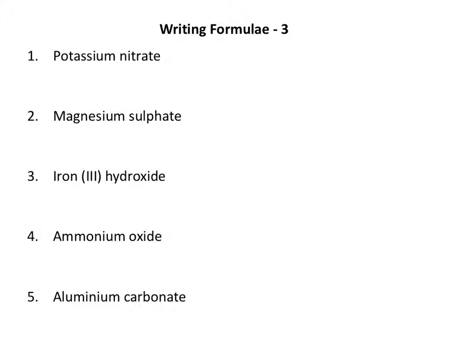So, potassium nitrate. What I'd like you to do is do this in exactly the same fashion. Potassium has a valency of 1, and nitrate, which is NO3, also has a valency of 1. Whatever happens when we're doing something with nitrate, we always have to make sure that NO3 appears in the formula.